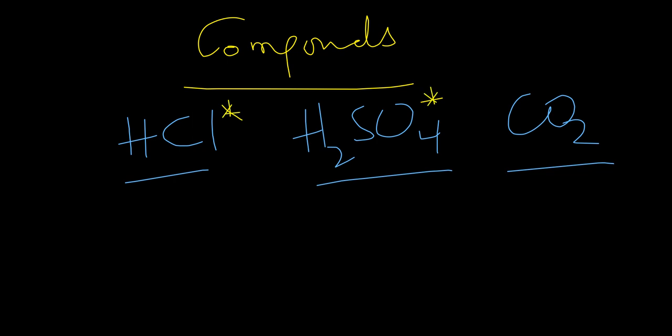So if you do not see any number written there, what it means is that the charge is zero. And in all of these cases, for these compounds, the charges are zero.